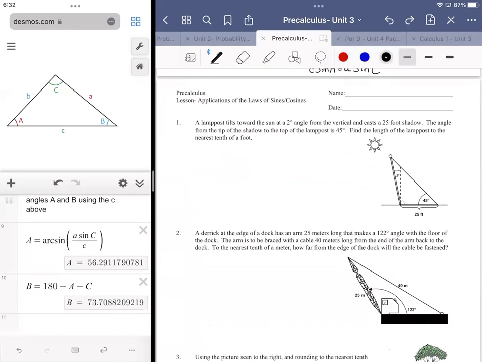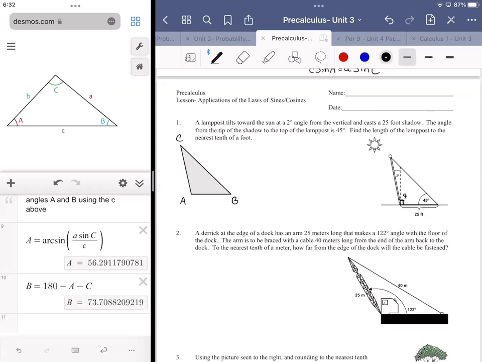So what I would do here is just draw a bare bones version of this triangle, without all the bells and whistles. I'd label it ABC. It says 2 degrees off of the vertical, but there's also a 90-degree angle here.